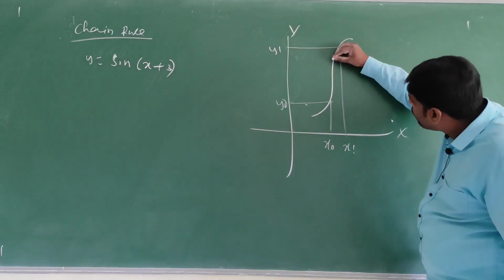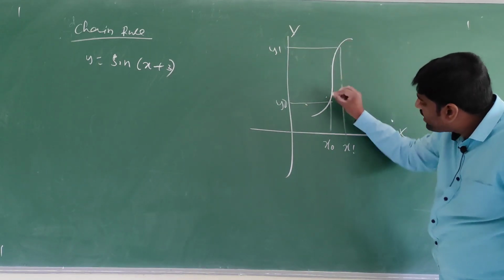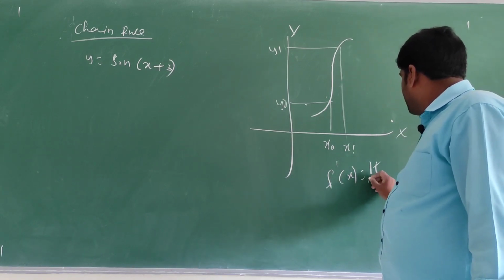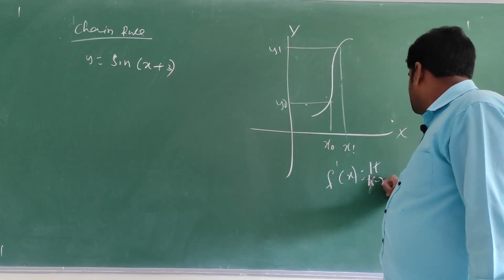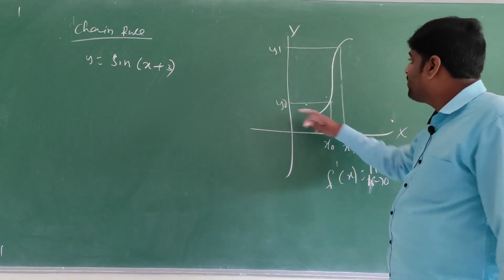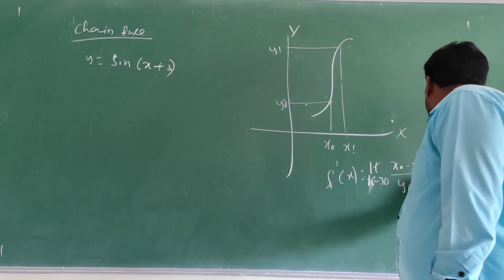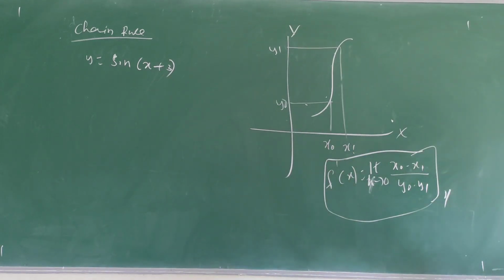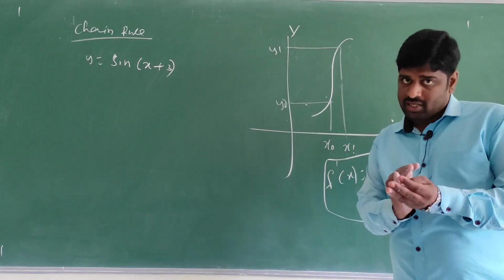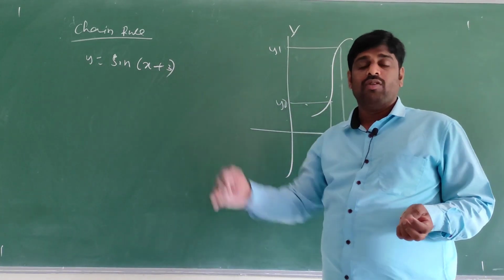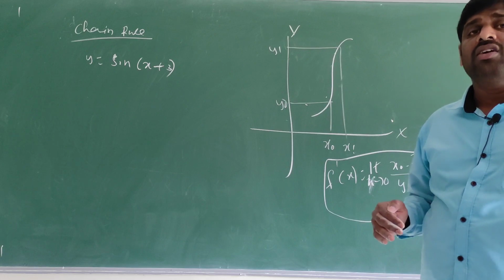I have to find this bending, that is f dash of x equals the limit as h tends to 0 of the change in y divided by the change in x. This is called differentiability. I will discuss the differentiability concept later, but now I will discuss chain rule and composite functions.